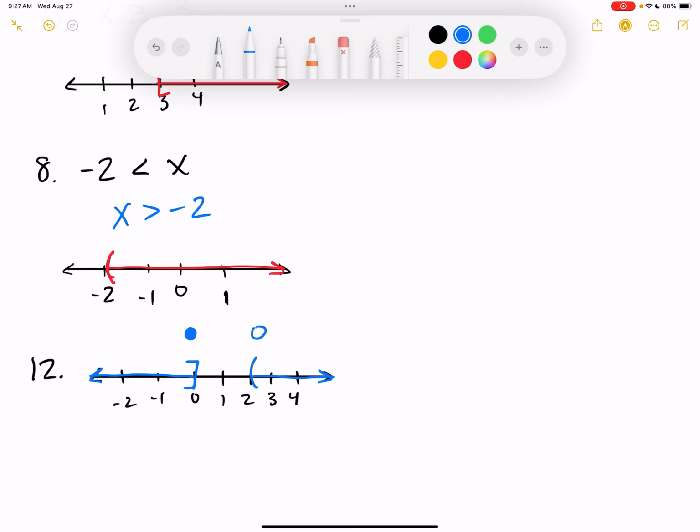This one is or because it's going opposite. So this one is x is less than or equal to 0, or x is greater than 2.